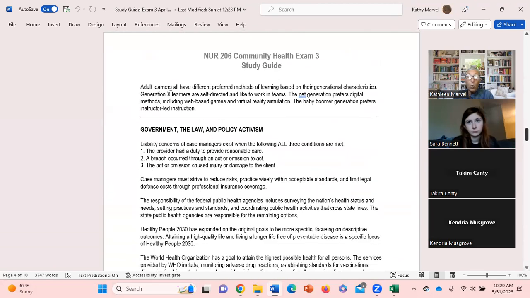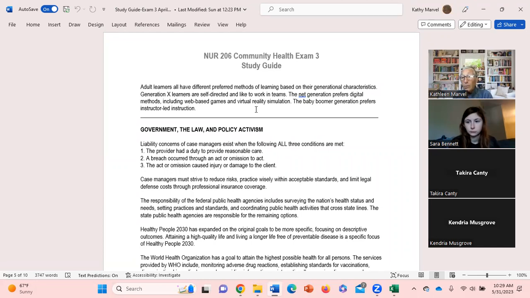And then the other thing that's important here is learning styles. Have a look at this paragraph here. Adult learners have different preferred methods of learning, based on their generational characteristics. There are a couple of examples. Generation X learners are self-directed and like to work in teams.